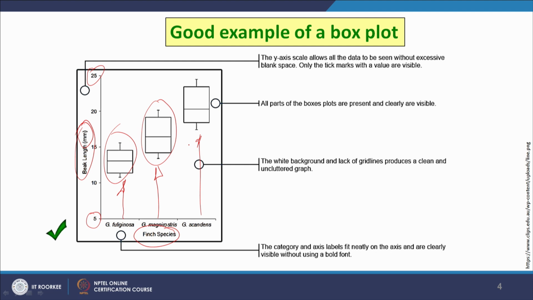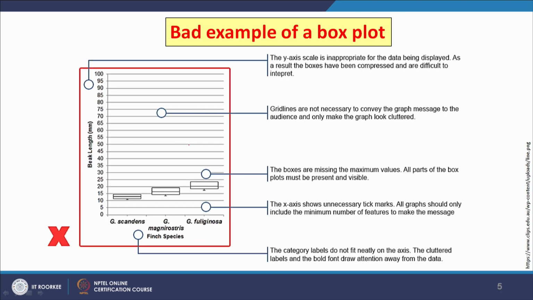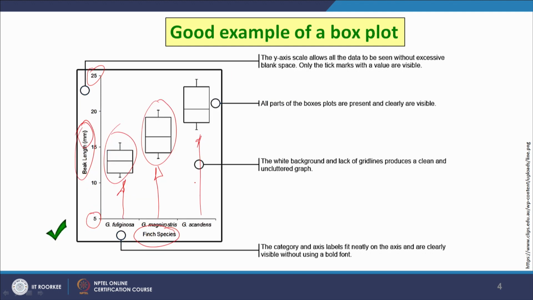The same data has been plotted where the y axis values have been taken between 0 to 100, and a large part of this plot is underutilized or not utilized at all, and the differentiation which was visible in the previous plot is not coming through here at all.